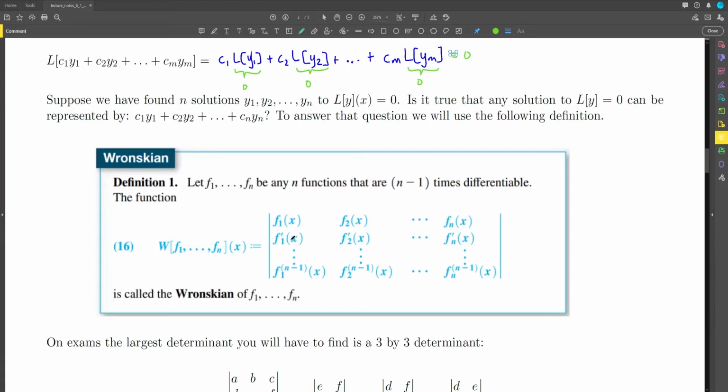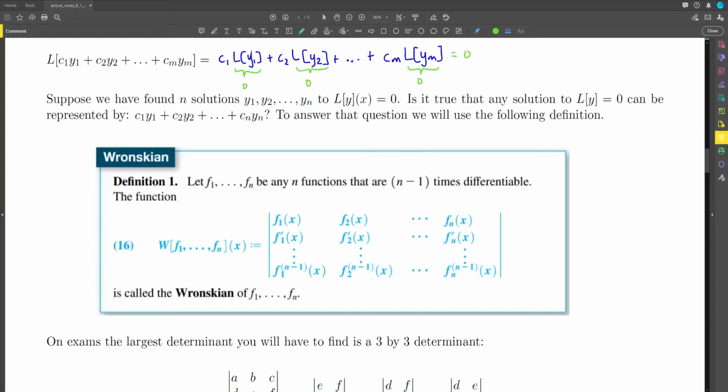The second row is f1 prime of x, f2 prime of x, all the way up to fn prime of x, and so forth until we reach the nth row of this determinant, which is the n minus first derivative of f1 of x, the n minus first derivative of f2 of x, up to the n minus first derivative of fn of x. This determinant is called the Wronskian of the functions f1 through fn.